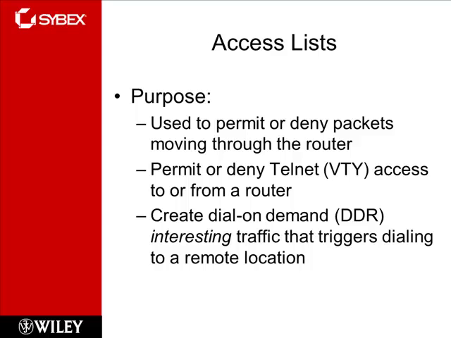You laugh. It's going to happen. But plant this seed: you have to have at least one permit statement in an access control list. If you deny everything, with the implicit deny at the bottom, you've just denied everything. It was like, nobody can get to the internet. Oh yeah, I forgot to let them back in.